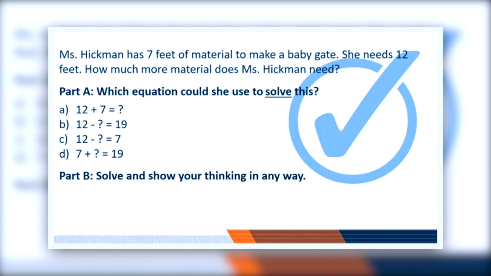B, 12 minus something equals 19. C, 12 minus something equals 7. Or is it D, 7 plus something equals 19?